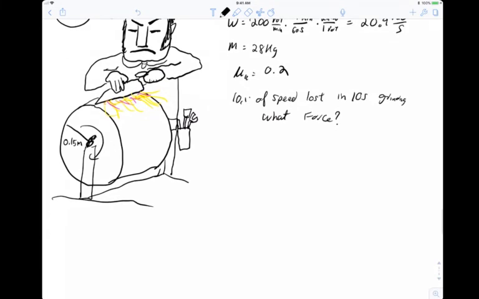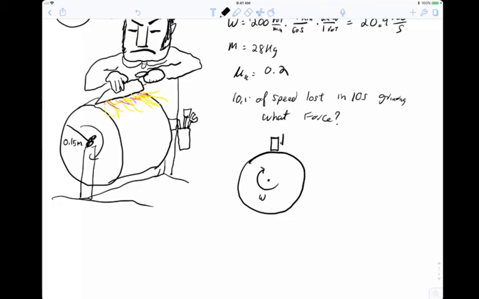Okay. Before we start doing the question, let's draw another picture to see what's going on here. The stone is spinning that way, let's say, and then here's the blade.